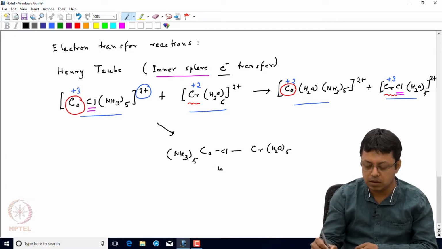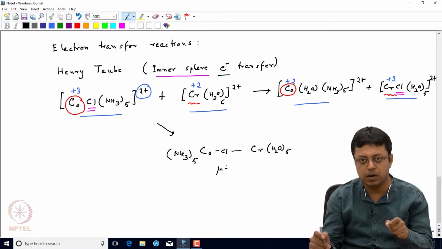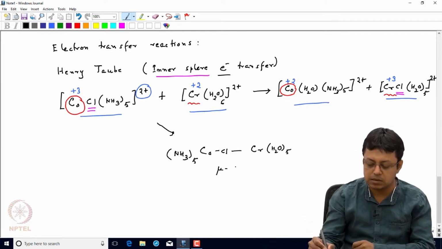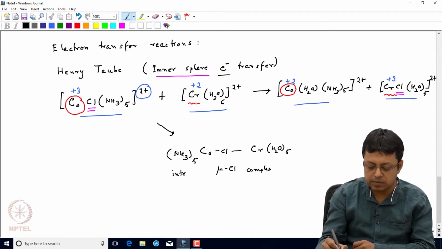This is called a mu bridge, because the chloride ion is connecting the 2 centers. So this mu chloride complex is an intermediate in this case.